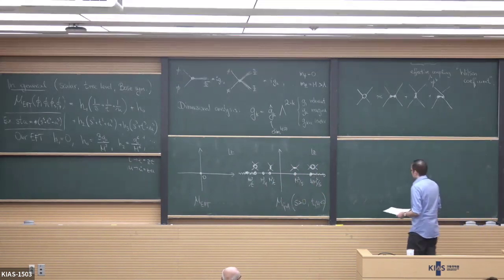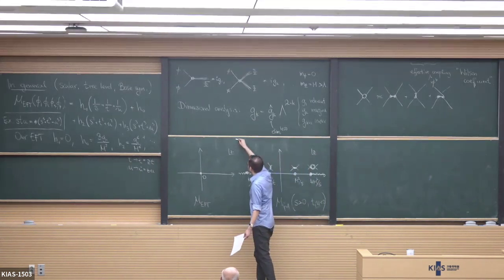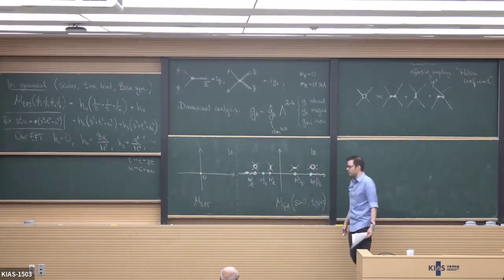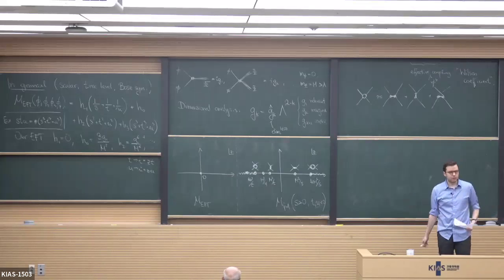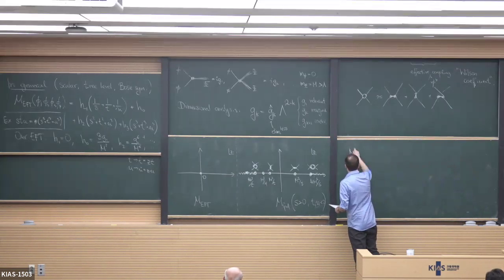What I've drawn here is really two separate pictures, and at face value they don't have much to do with each other. But now we want to marry them together, and the way that we do it is by imposing a matching condition.